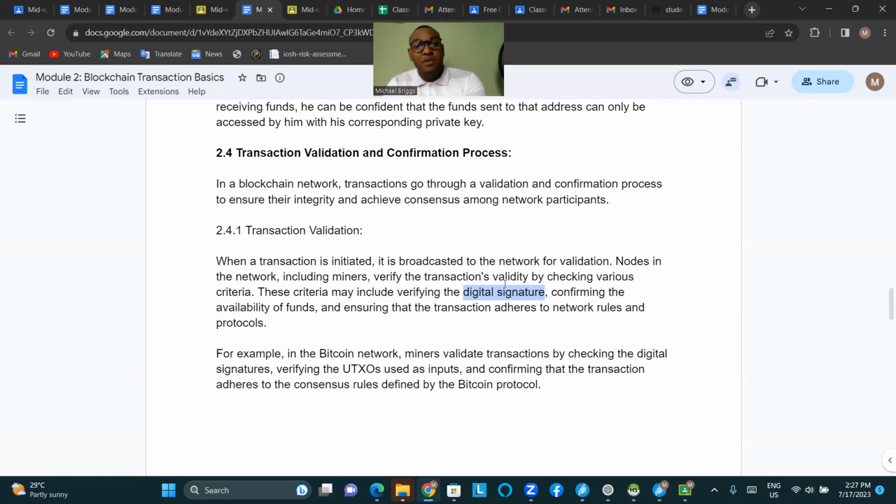Okay, so if I'm sending money from my own wallet, it verifies that I am approving that this amount of money is moving from this wallet to that wallet. And also, it is able to verify that the wallet you're sending to is a correct wallet. We're going to talk about this much later because this is where a lot of people have made a lot of mistakes. Okay, you're sending to a wallet and you're actually typing the wallet address.